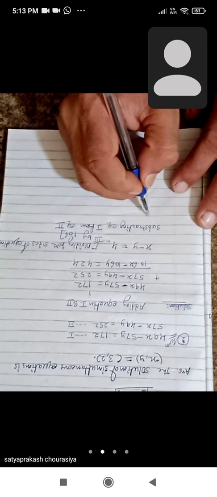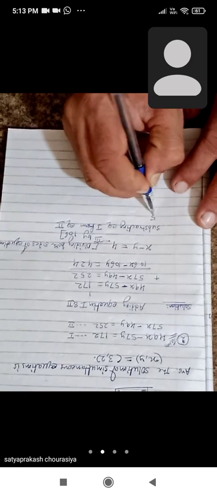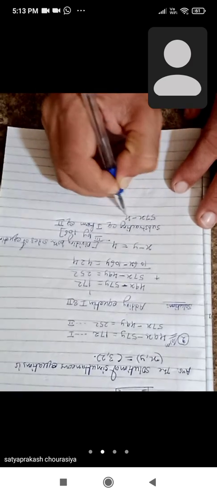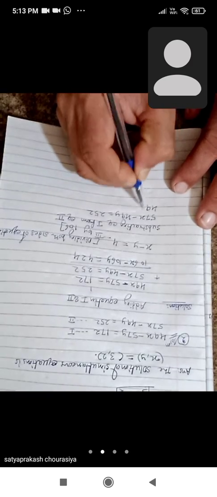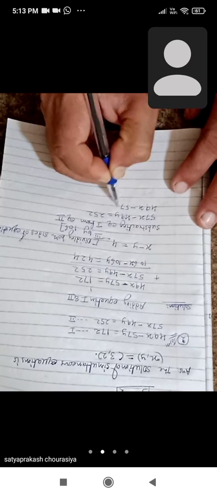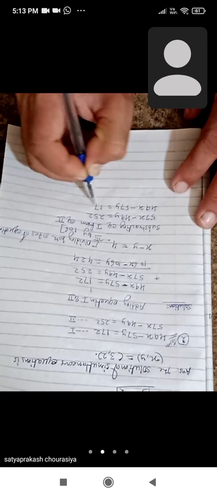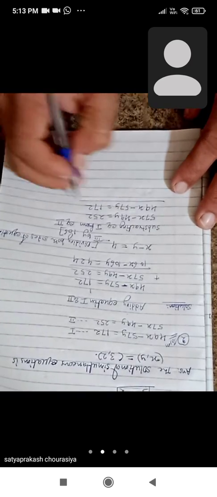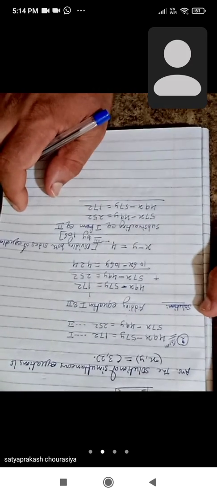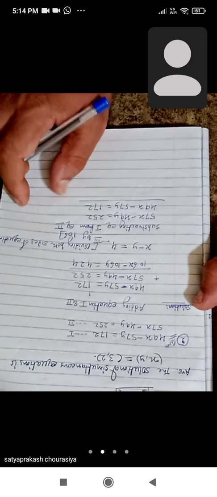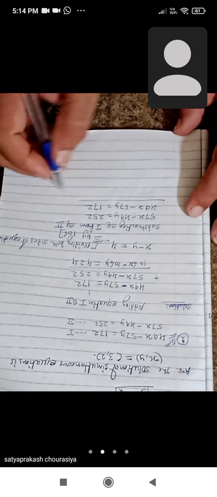So equation 2 is 57x minus 49y is equal to 252, and equation 1 is 49x minus 57y is equal to 172. Now here we are going to subtract equation number 1, so the sign of all terms in equation 1 will change. Positive sign will become negative and negative sign will become positive.